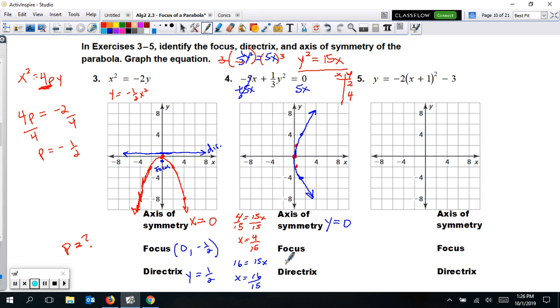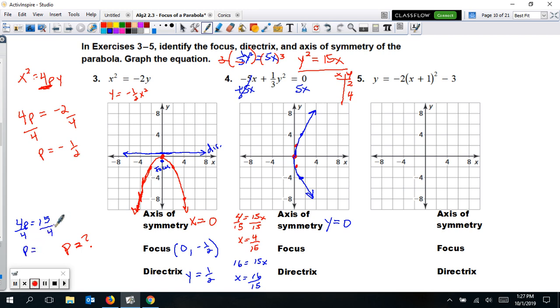Focus point, we need to know what the p is. So to figure out p, we come back up here to our equation, y squared equals 15x. So if I think about it from over here, it's the same idea. 4p is 15. So I'll say 4p equals 15 on this one, and then I'm dividing by 4.